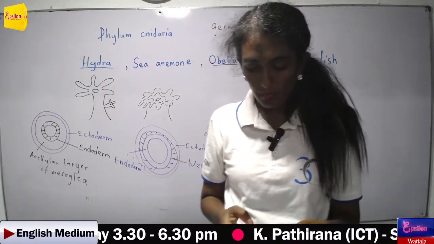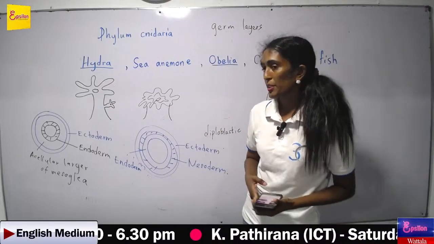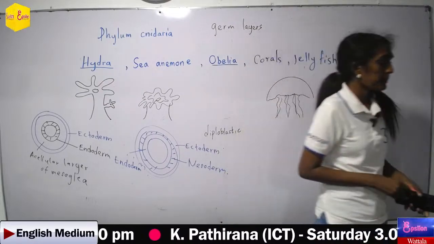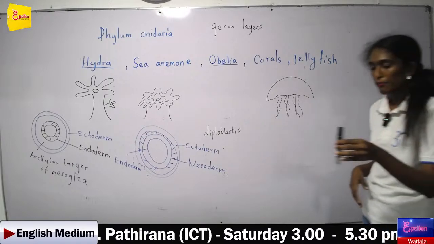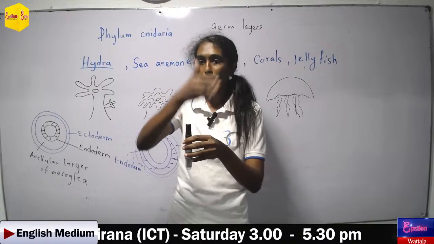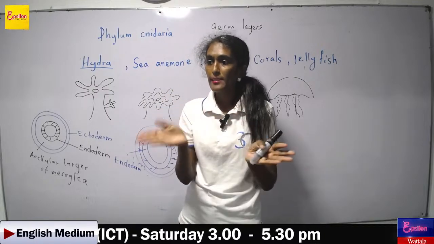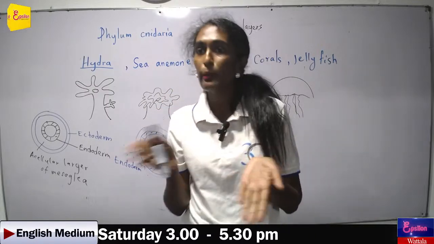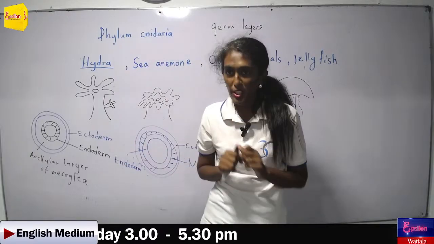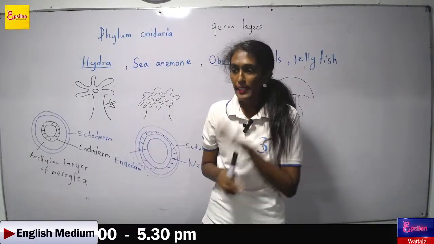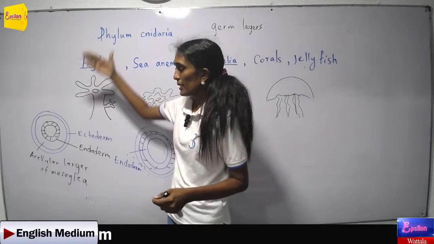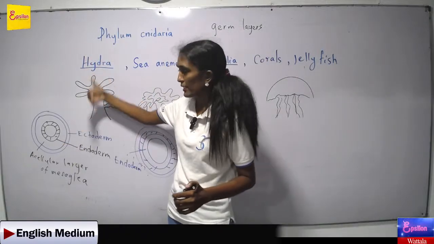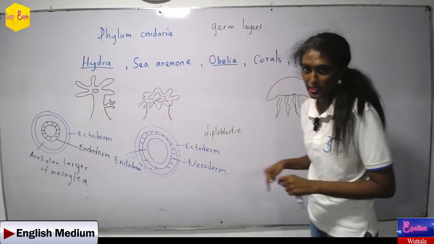They show radial symmetry. What's the meaning of radial symmetry? Let's think that if you are taking this marker pen, you can cut into several halves. Both the sides will be having equal mirror images, no? Isn't it? So that is called radial symmetry. You can see these guys, you can cut them into halves in different radii, no?